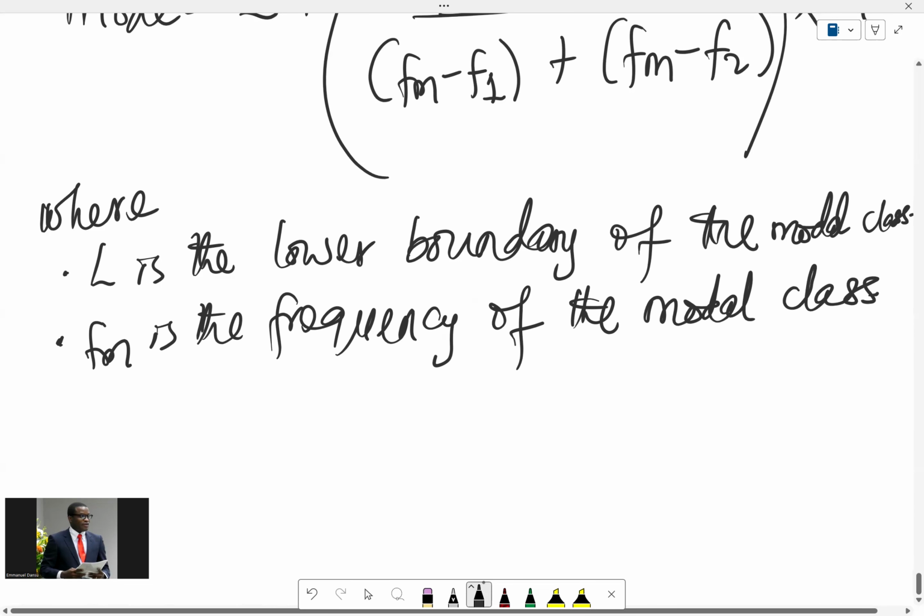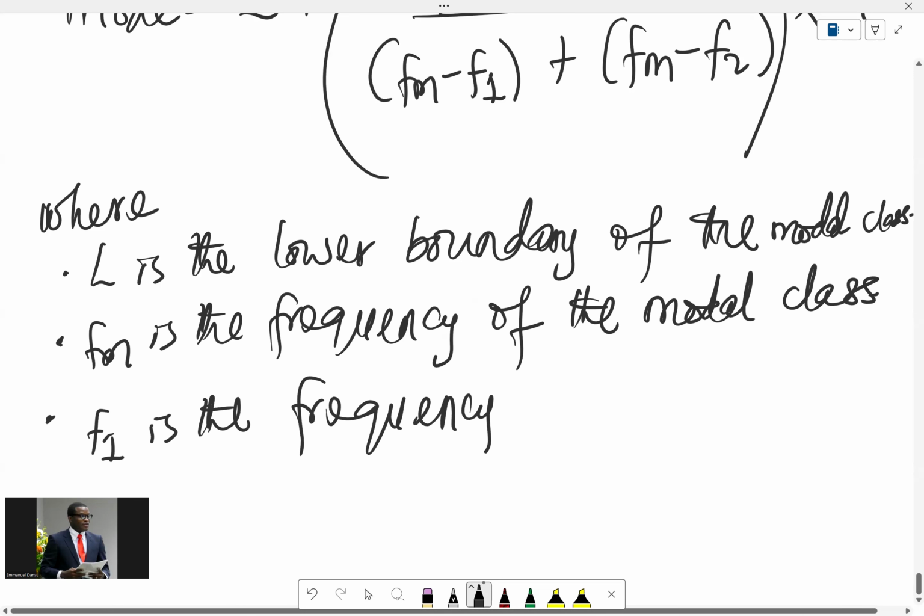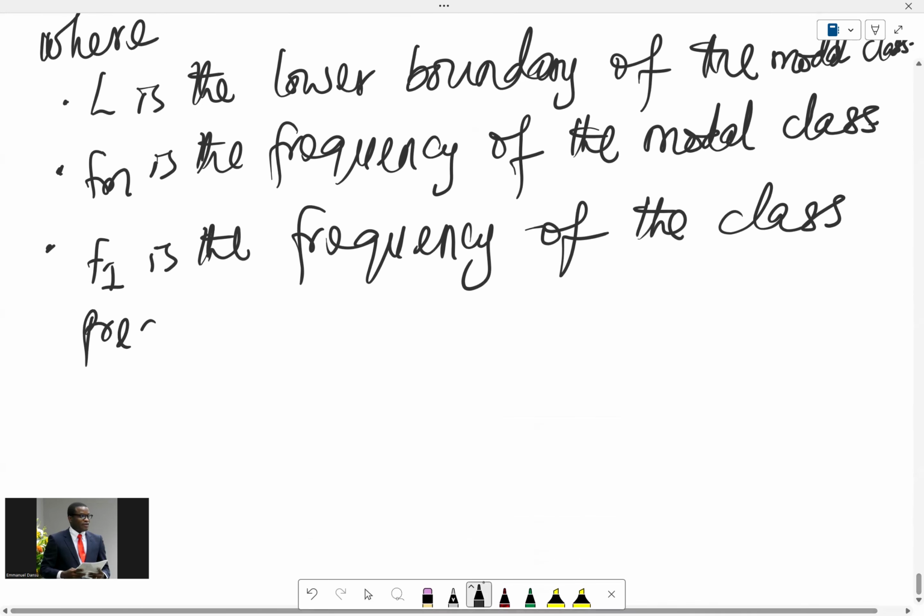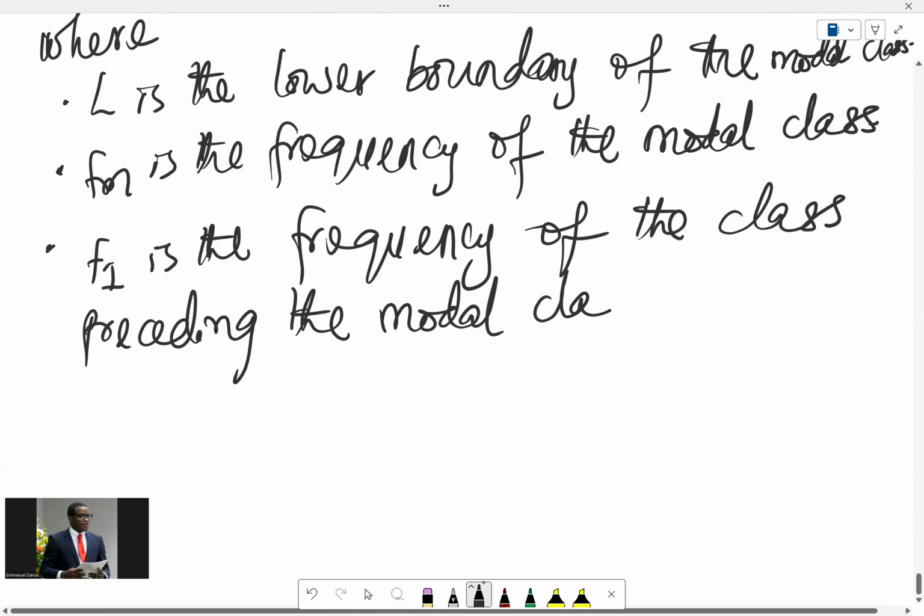Okay. Then next you have F1. F1 is the frequency of the class preceding the modal class. And then you need F2 also.